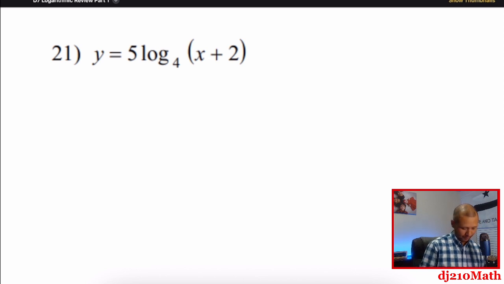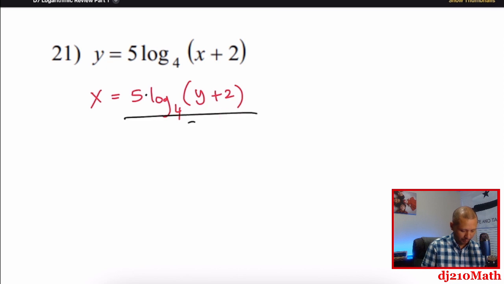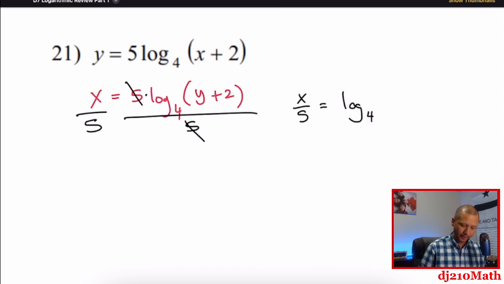Swapping number 21. Swapping x and y. All right, we're solving for y. So I've got to get rid of all the extra things, right? So I can divide both sides by 5. So we get x over 5 is equal to log base 4 of y plus 2.